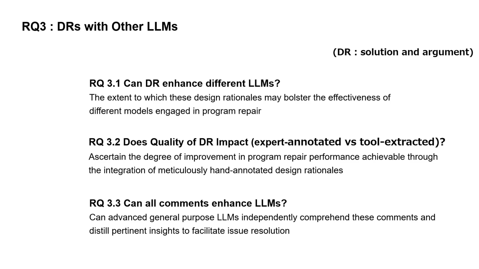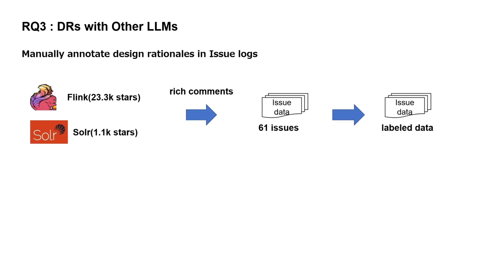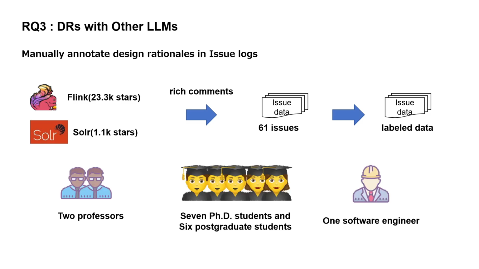Lastly, we examined the effects of directly inputting all developer discussions into the model. From the benchmark, we selected 61 cases with rich discussions and invited 16 participants with relevant expertise for annotation, including professors, students, and engineers, to ensure high-quality design rationales.